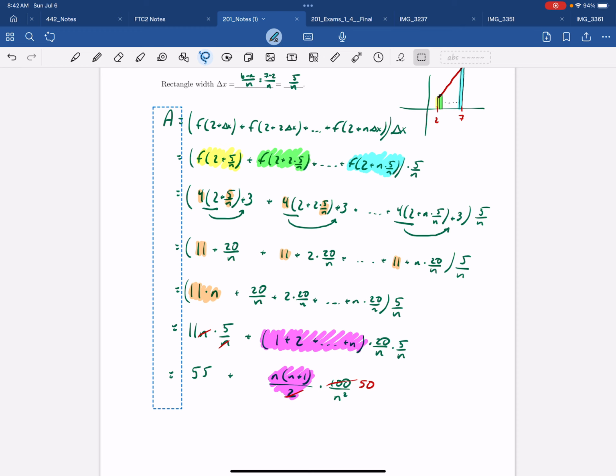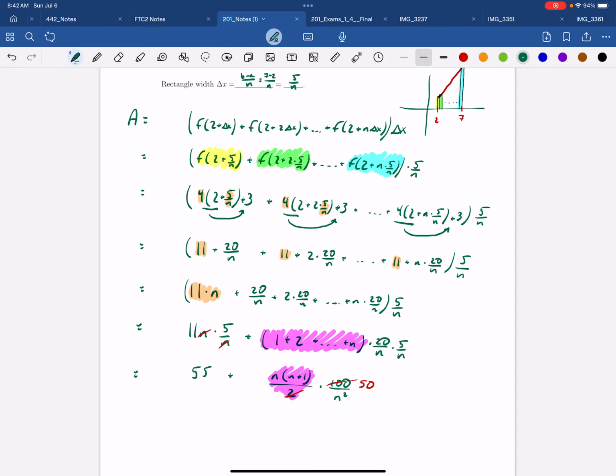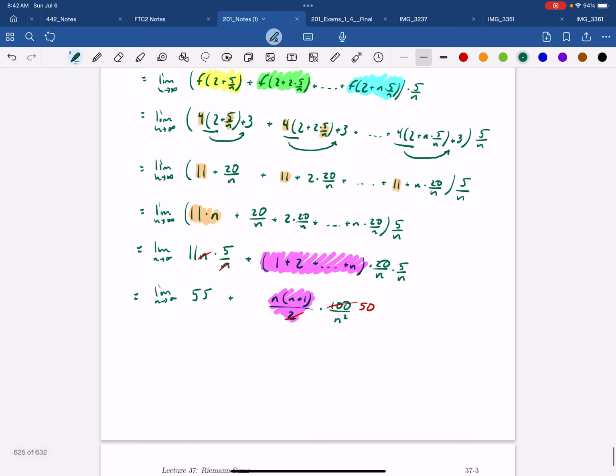So what if we stick in here the limit as n approaches infinity? And when we take this limit, we see that we get 55 plus 50, or 105.